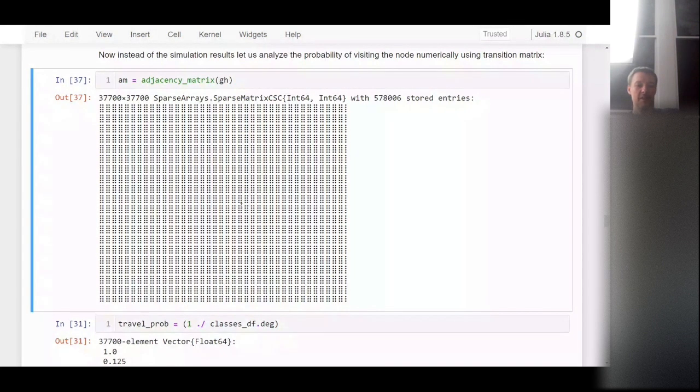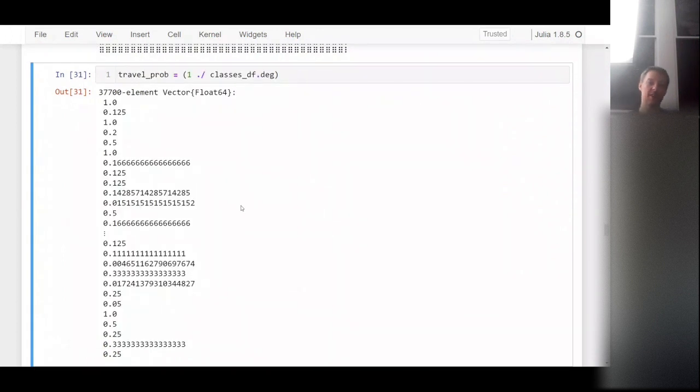So now we have a very important vector to define. I call this vector travel probability. What does it mean? If I move out from some node, I randomly pick one of the neighbors. So I need to ask myself, what is the probability of visiting each individual neighbor?